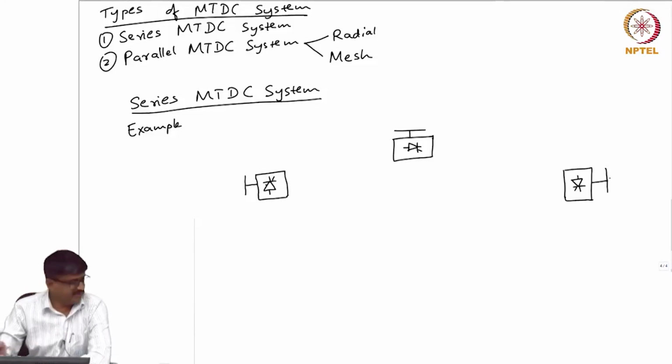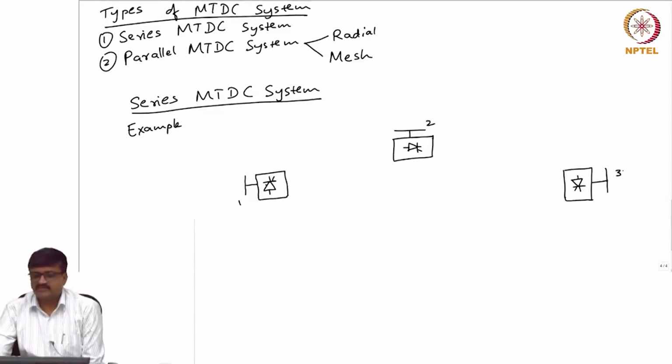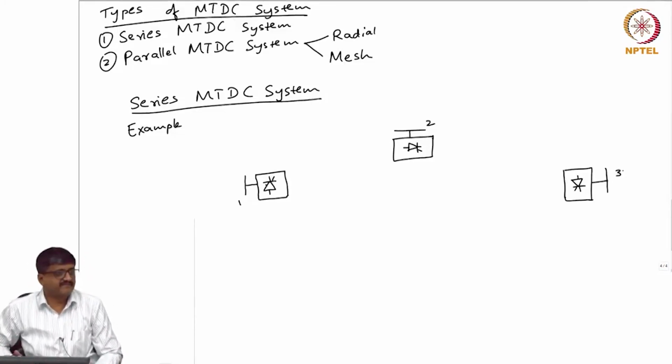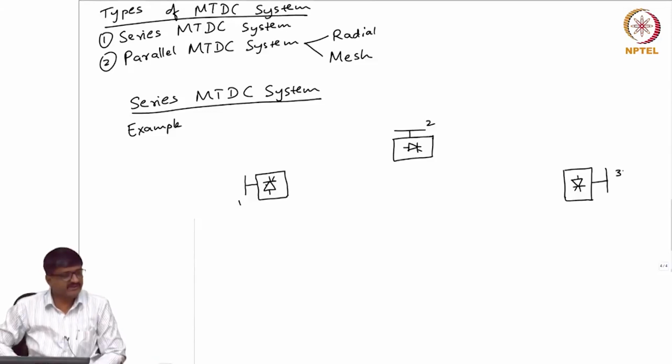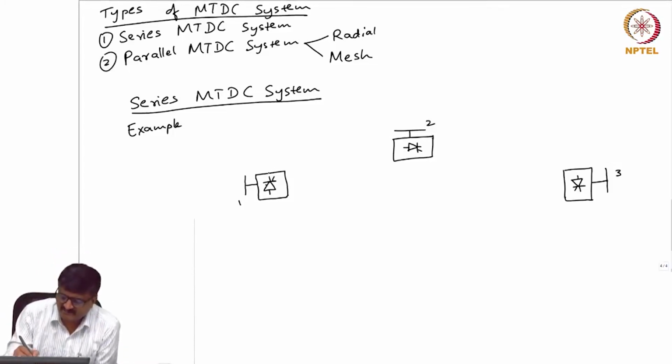So, I have shown three buses, bus 1, bus 2, bus 3. Bus 1, bus 2, bus 3 are far away. The distance between 1 and 2 is say a few hundred kilometers, between 2 and 3 it is a few hundred kilometers, between 1 and 3 it is a few hundred kilometers, and at each bus we have a converter. So, on the DC side there are two wires.